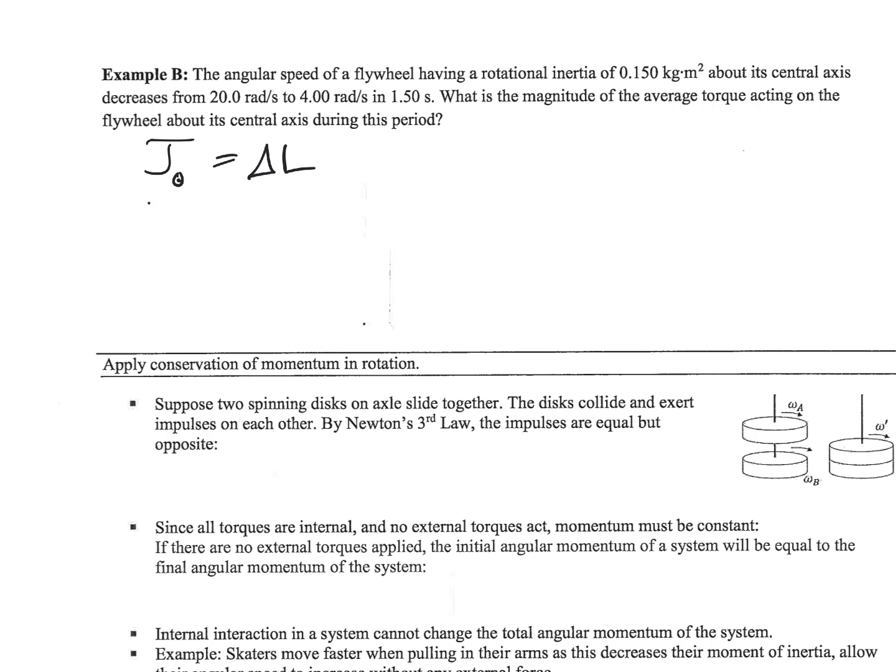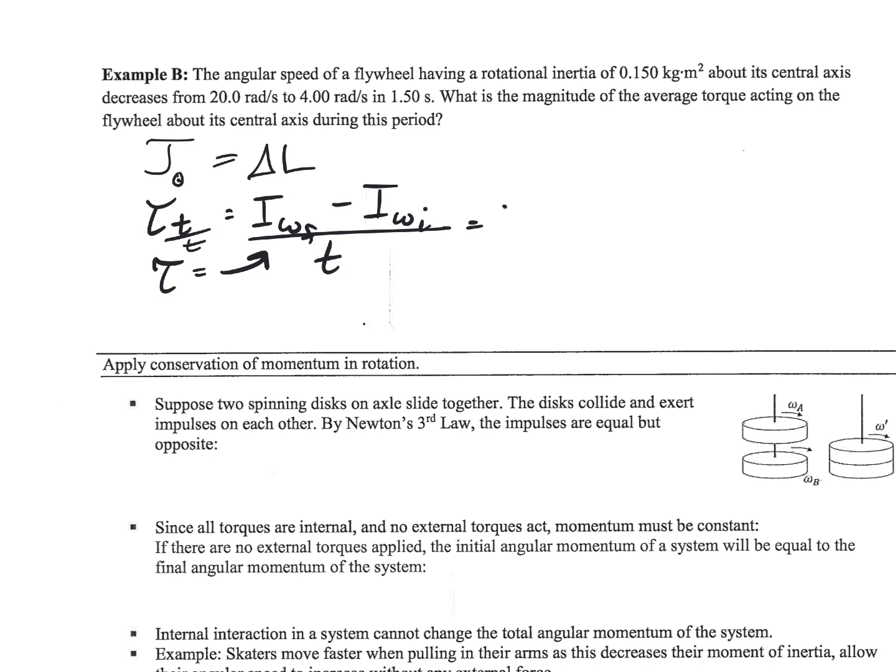We know this is torque times time, and this is I omega final minus I omega initial, correct? So the torque is simply going to be this stuff, divide all of this by T, right? Torque is that. So let's plug in some information here.